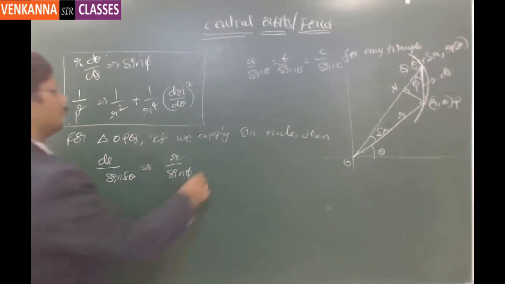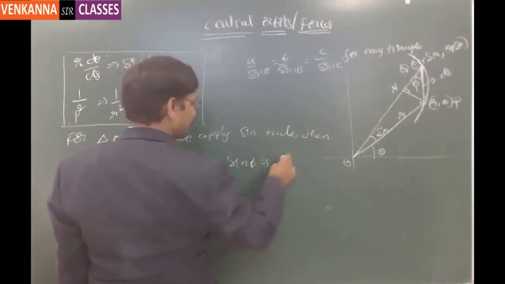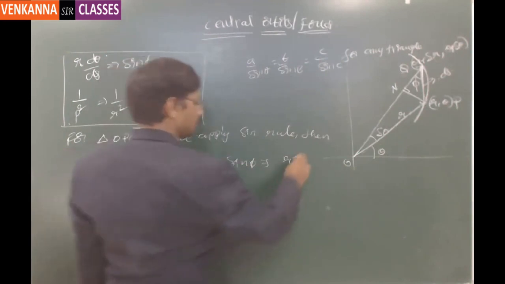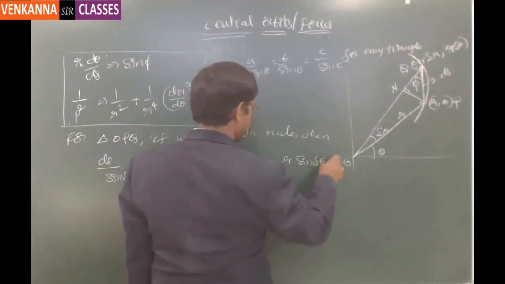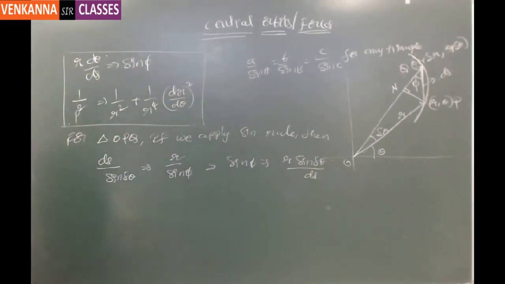So from this relation, sine phi equals r into sine delta theta by ds, right?